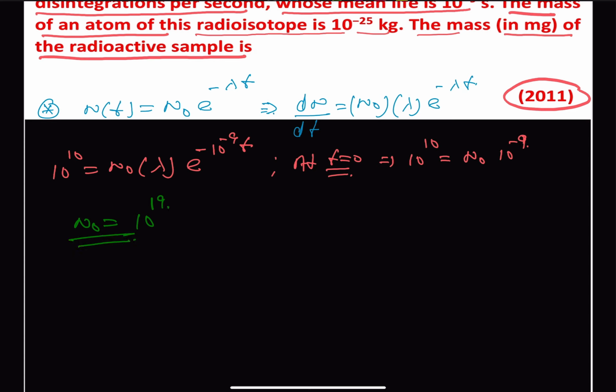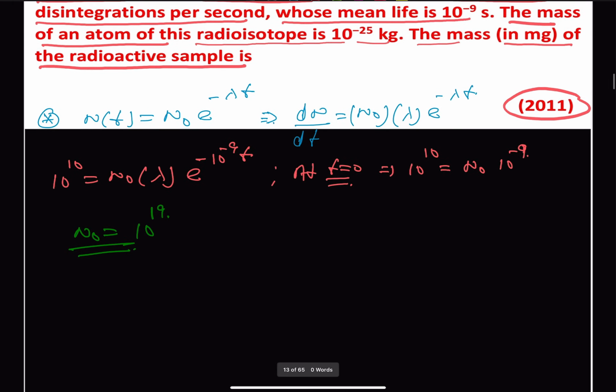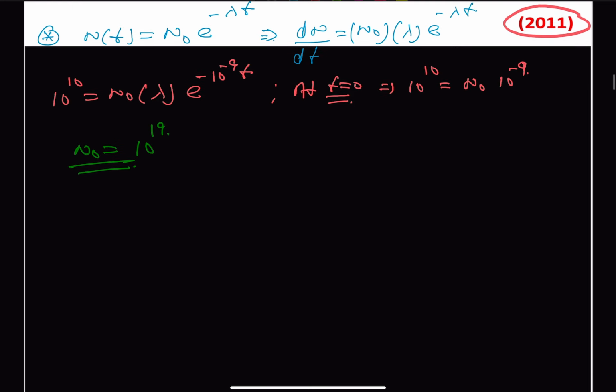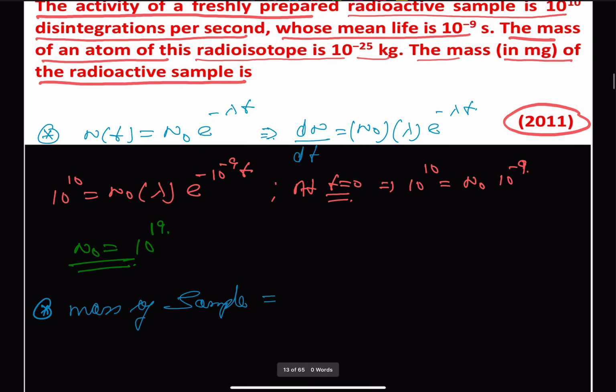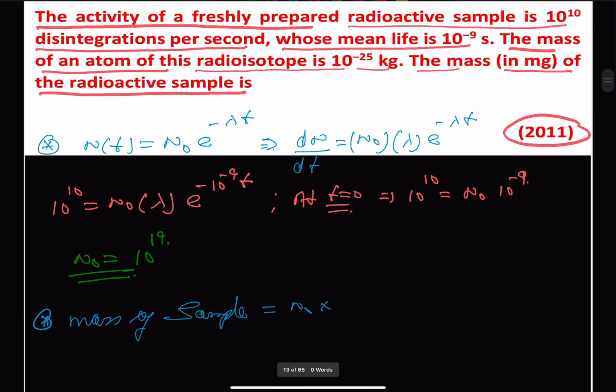And we can write that the mass of the sample will be equal to N naught times 10 to the power minus 25.